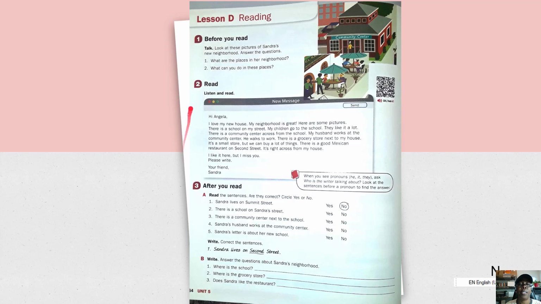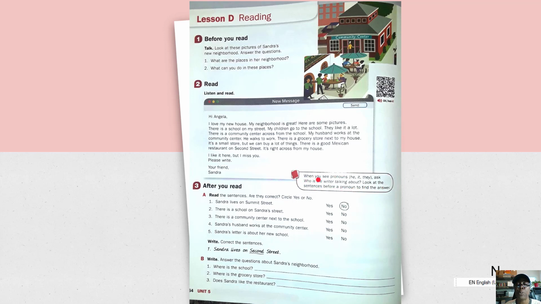As we can see here, that's a really good letter, a really good email that gives a lot of information about Sandra's neighborhood. But I want us to pay attention to this little area right here.